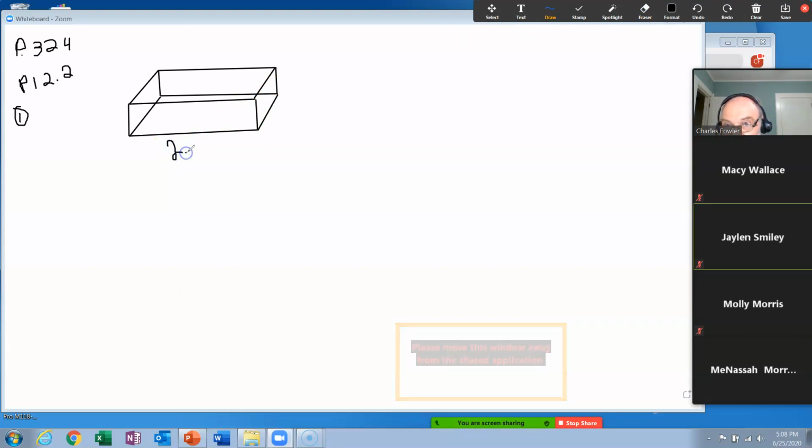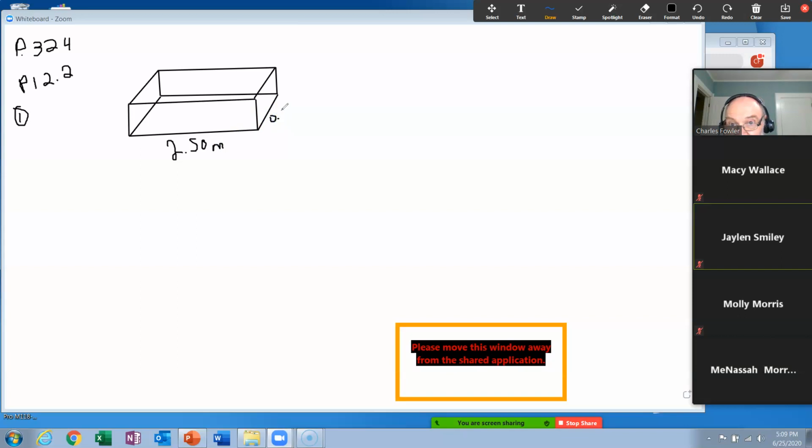Whoops, this is ugly. 2.50 meters long, 0.8 meters this way, 0.80 meters, and that's hard to read, but hopefully you got what we're doing. And the height here is 0.45 meters.